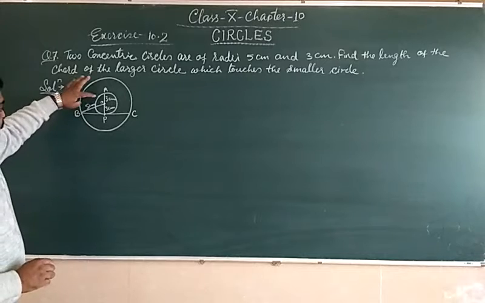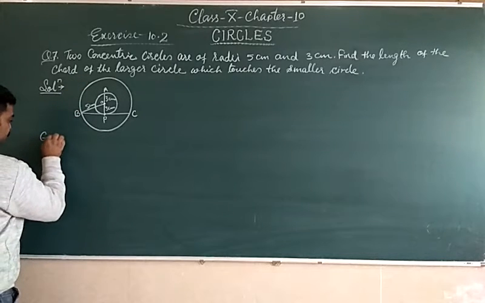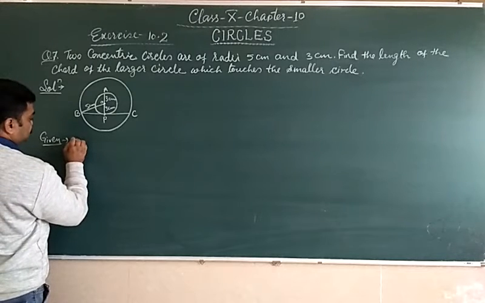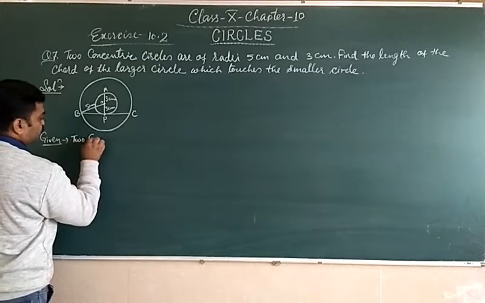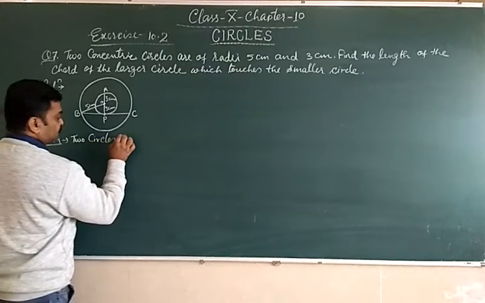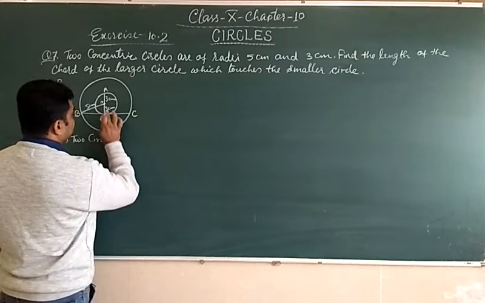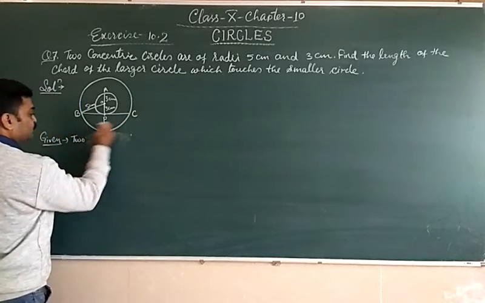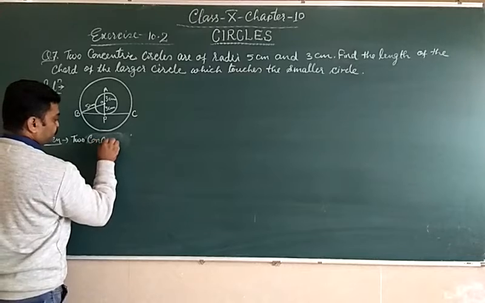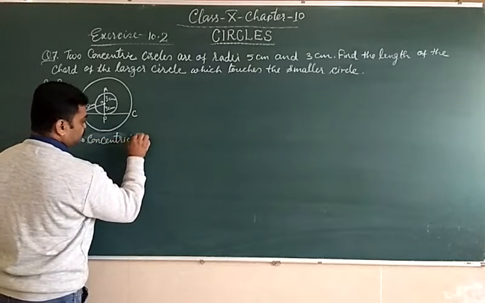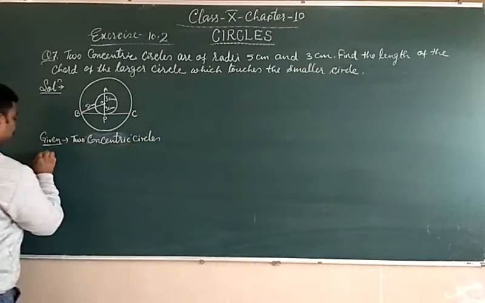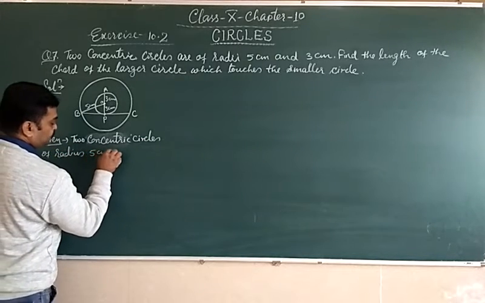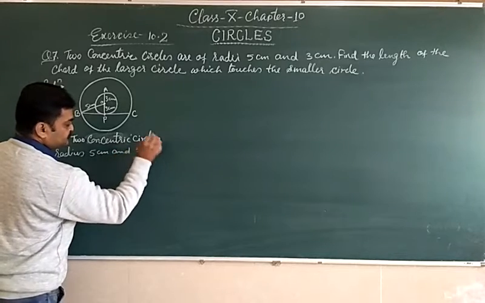Clear? Given two concentric circles of radius 5 centimeter and 3 centimeter.